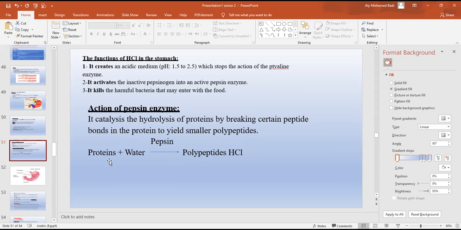The action of pepsin enzyme is the hydrolyzing of protein.